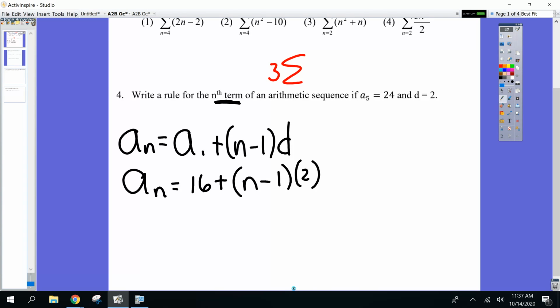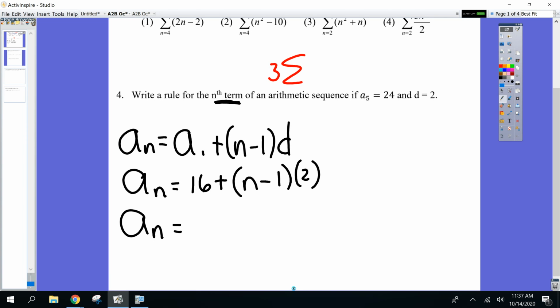Nobody at home chiming in there, huh? Eliana, where were you for that? Usually you're good for that. Okay, go ahead, clean it up. You're doing so well too by not plugging in for n.